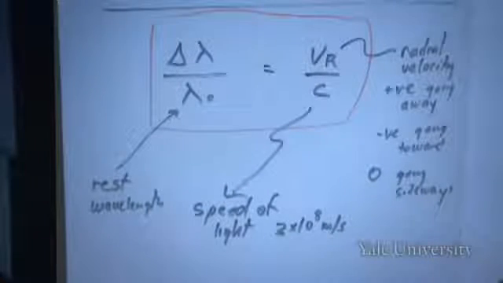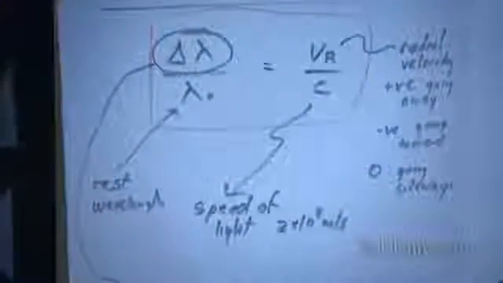This lambda with the little 0 at the bottom is the rest wavelength. So that's the wavelength you would observe from whatever light source, electromagnetic radiation source you have, if nothing was moving. And delta lambda, this is not delta times lambda. That's one symbol, confusingly enough.